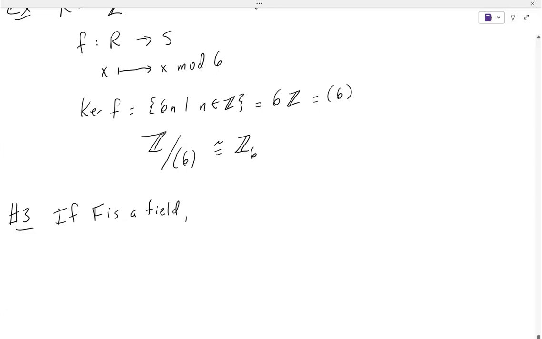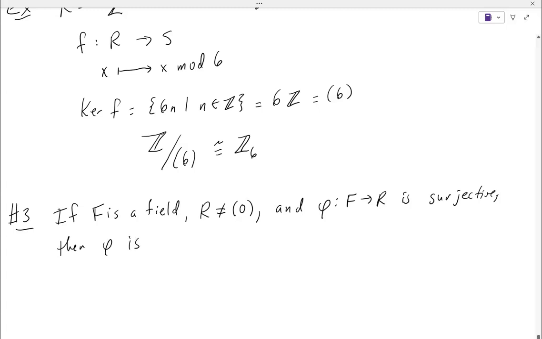It says if F is a field, R is not just the zero ring, so it's an actual non-trivial ring, and our function, this time I will call it phi, from F to R is surjective, then phi is an isomorphism.